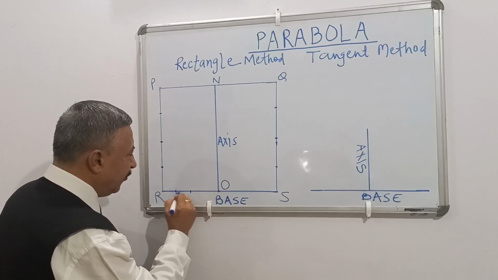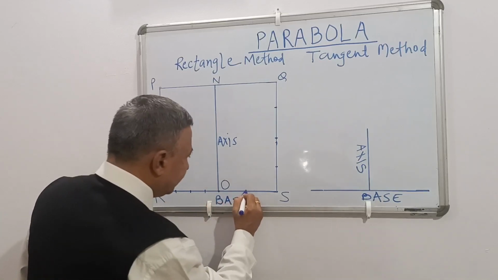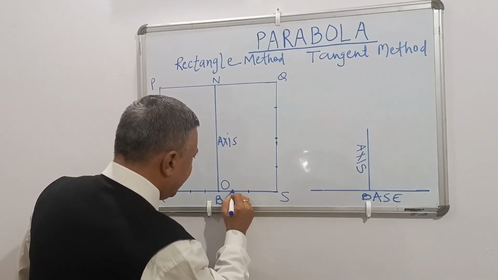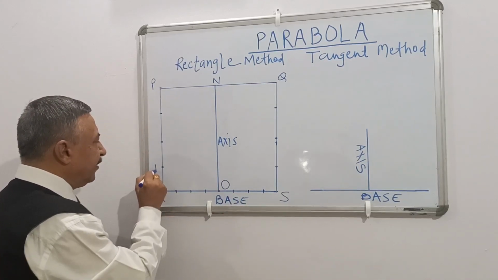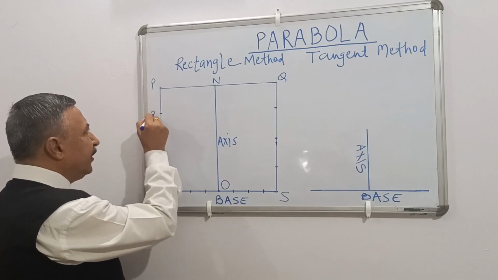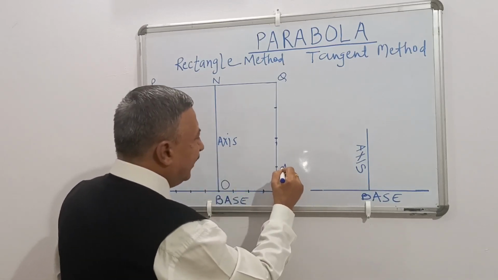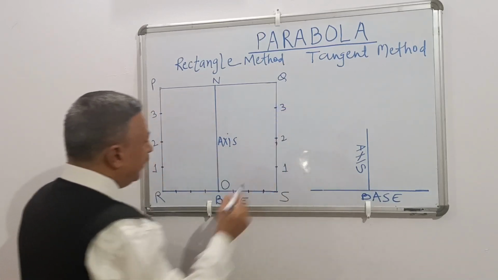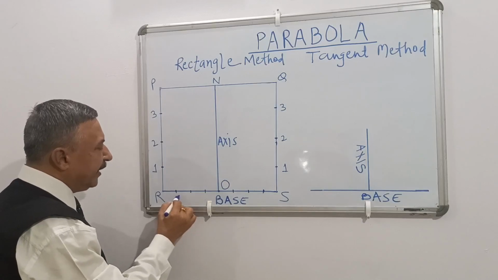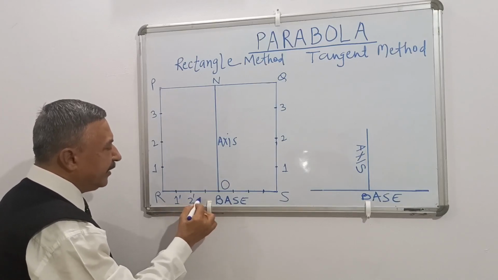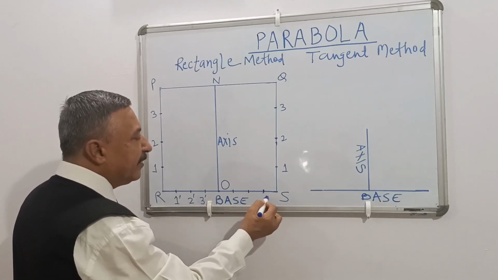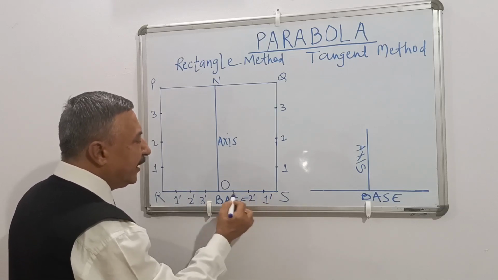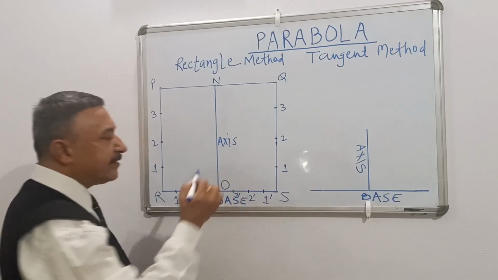So this is 4 parts, this is 4 parts. We number here 1, 2, 3, with the same numbering. Now we number 1 dash, 2 dash and 3 dash, starting from here.